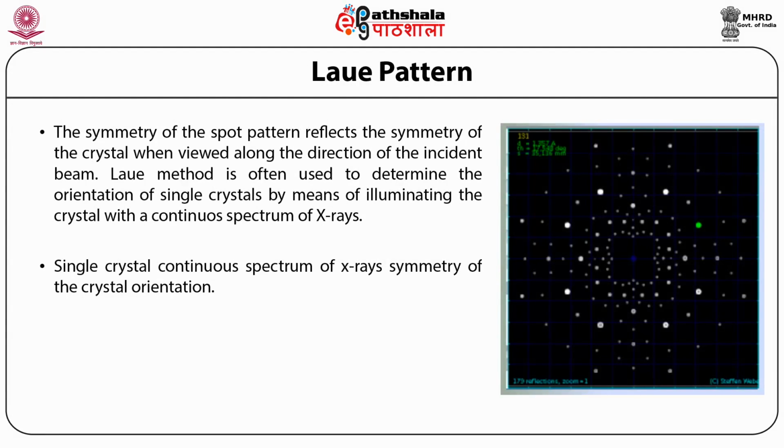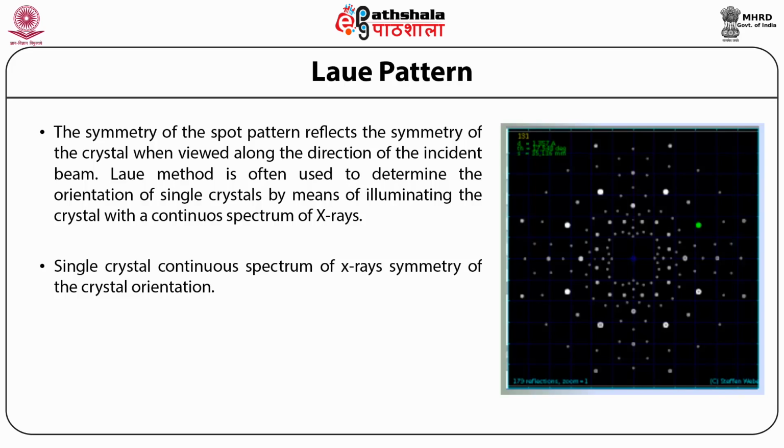So this is another example of a Laue diffraction pattern where we have performed this experiment in a transmission geometry, and this pattern is perpendicular to the direction of the X-ray beam. You can see there are some spots which are arranged in a particular nice way, and this arrangement of these spots is basically a representation of reciprocal space.